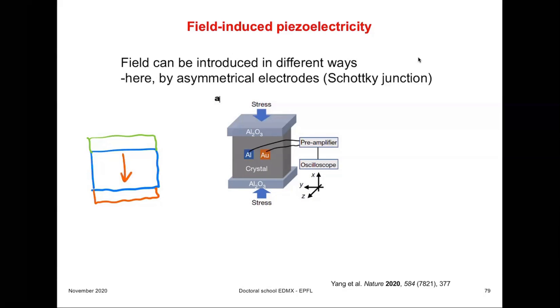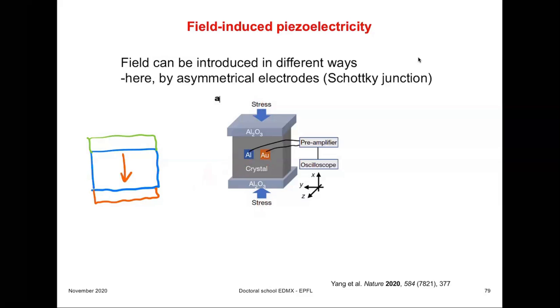That field is enough to break the symmetry of the material, and then if you apply either an AC electric field or pressure, you will actually get a piezoelectric-like response. And in this paper here, this was done simply by taking a semiconducting material, applying pressure on it, and then putting two electrodes, which are different, in this case aluminium and gold.